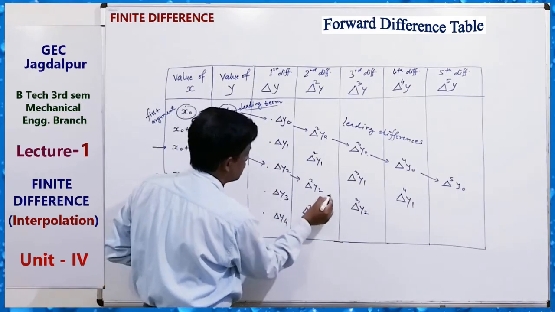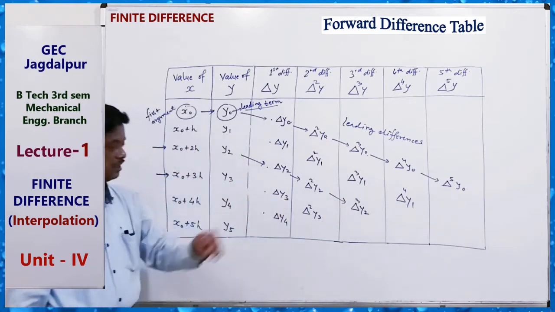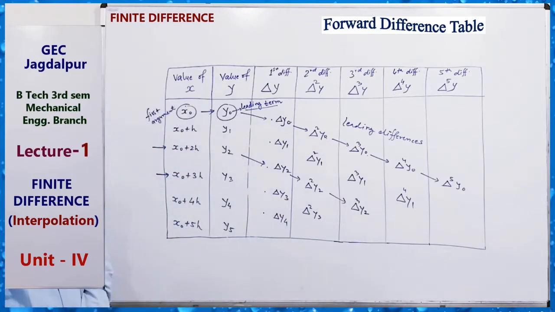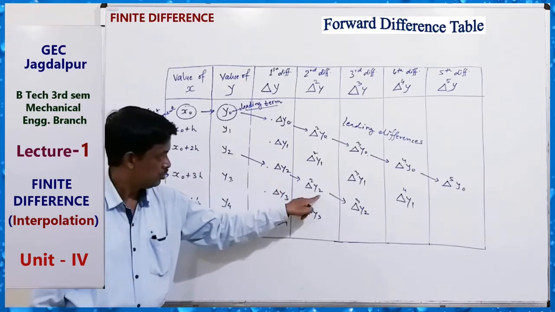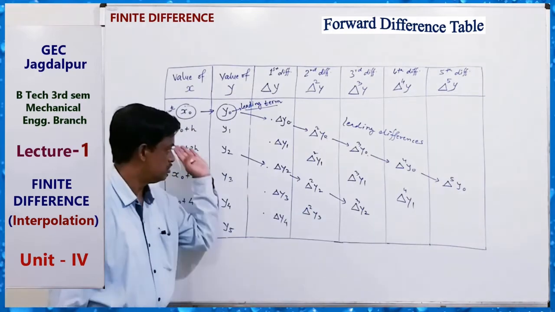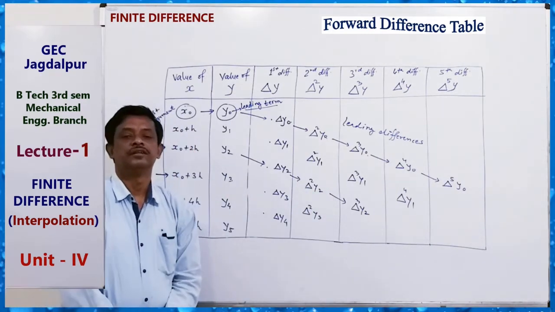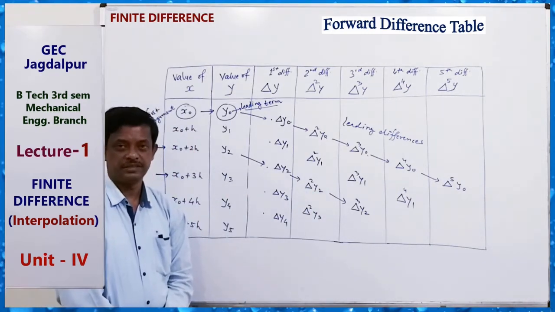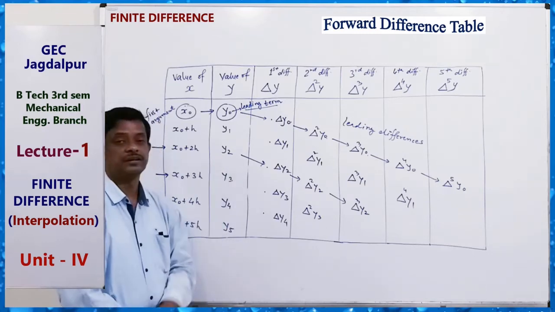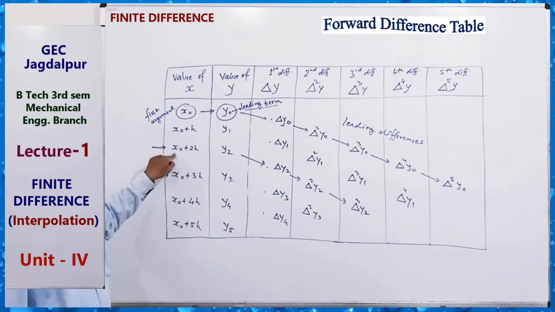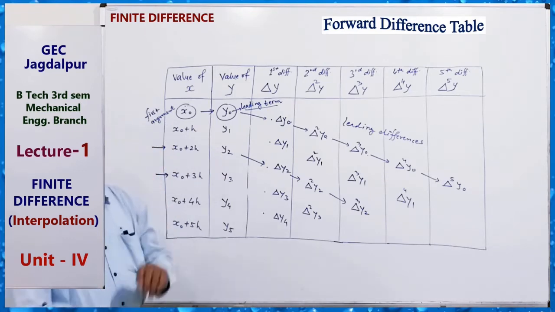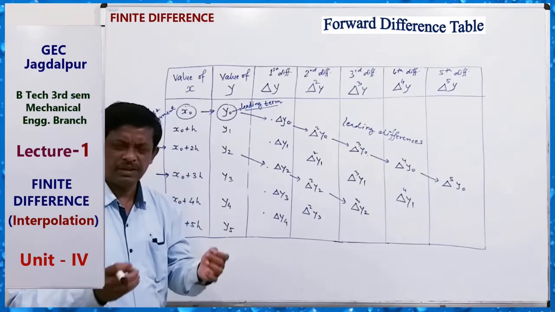You can see here also 2, 2, 2, 2, 2. So these will be the leading differences, and this will be the leading term if we take it as origin argument. Clear? So making this difference table is very simple.